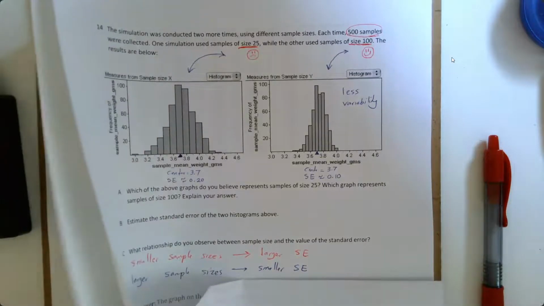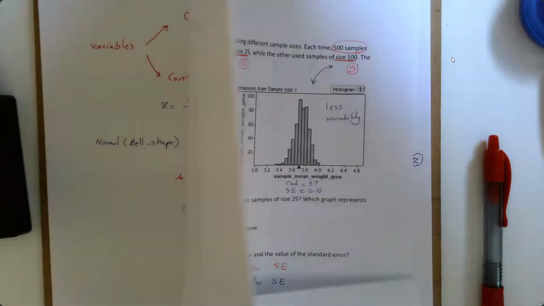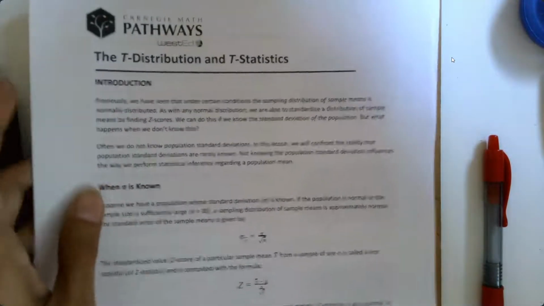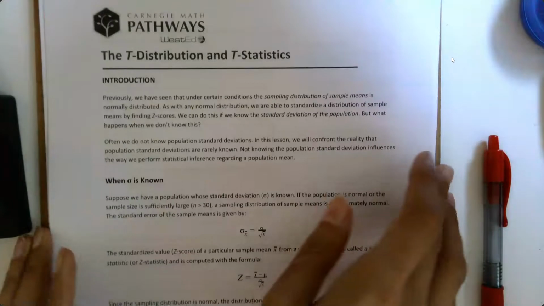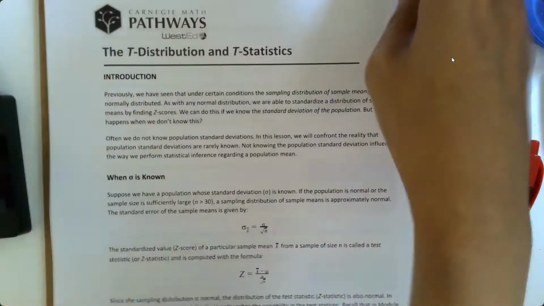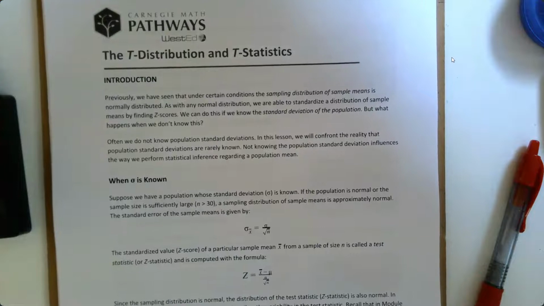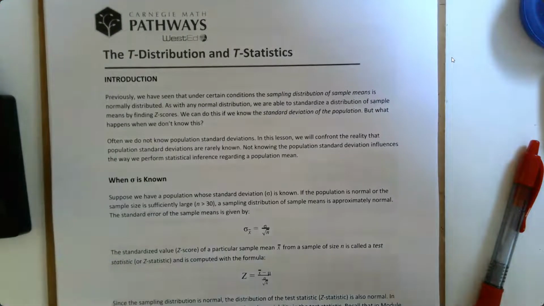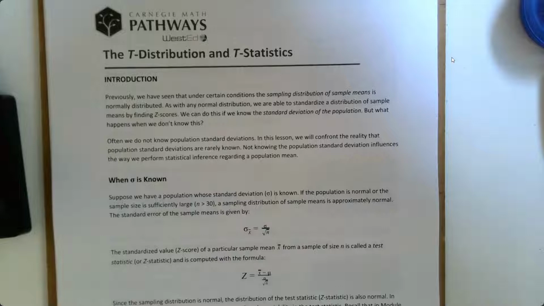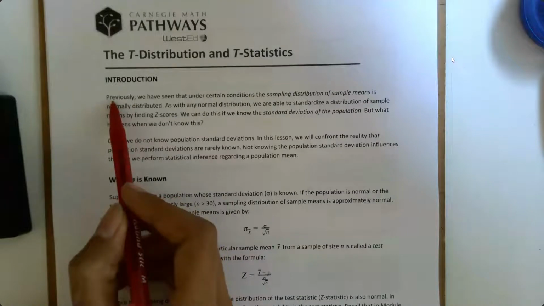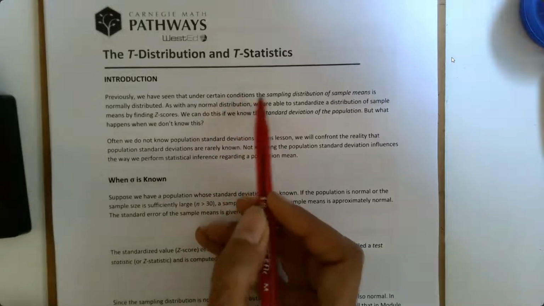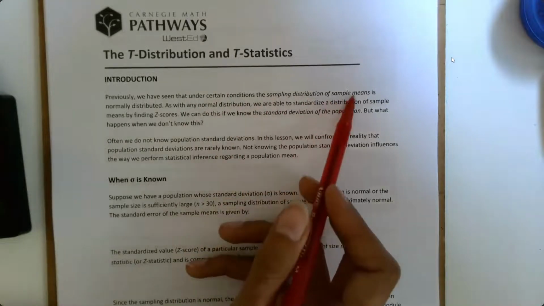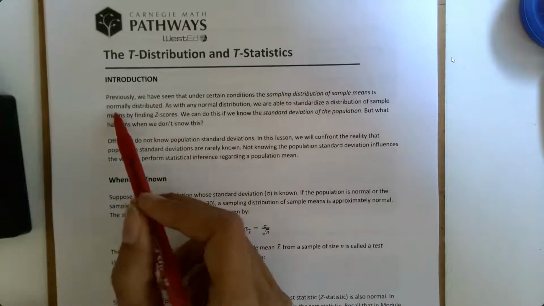So now we're going to talk about the t distribution. Previously, we have seen that under certain conditions, the sampling distribution of sample means is normally distributed.